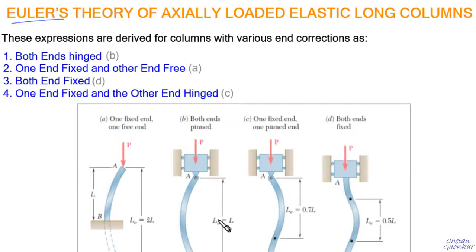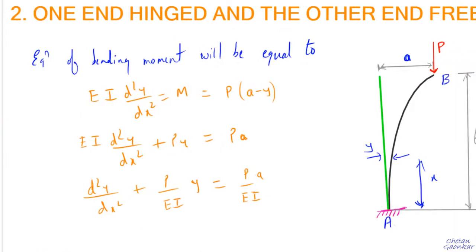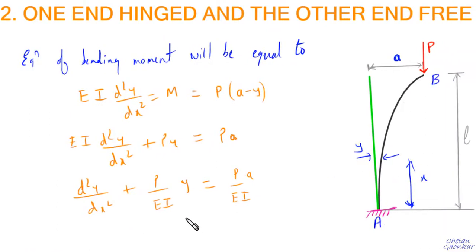But now for this case, when it is fixed at one end and free at the other end, we are not getting the right hand side as 0, but there is this term P divided by EI multiplied by a.